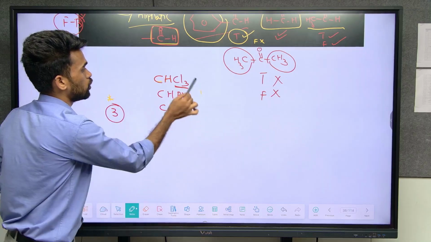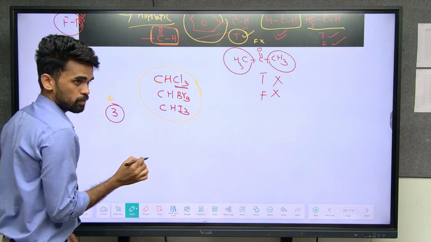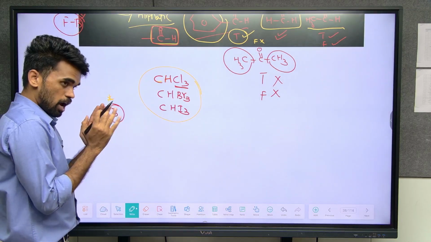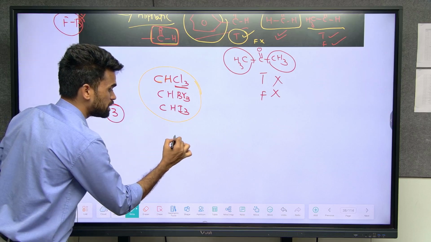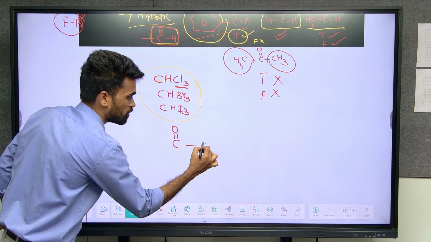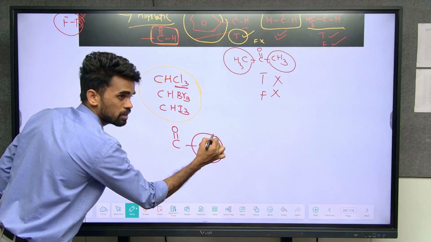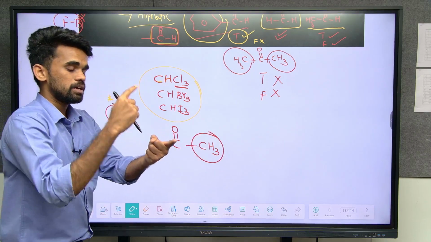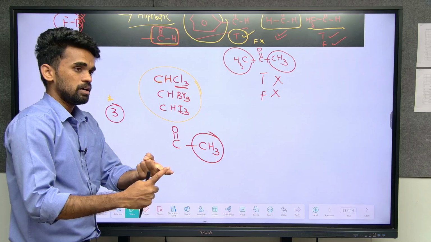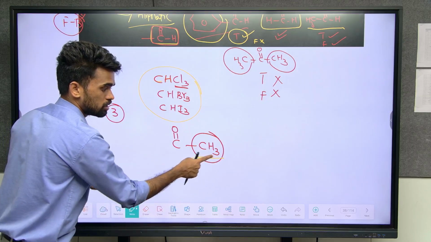So now this iodoform test is given by carbonyl groups having methyl as a alpha position. What is the mandatory fragment we require? It can be ketones, aldehydes, but they should contain what? Methyl group.